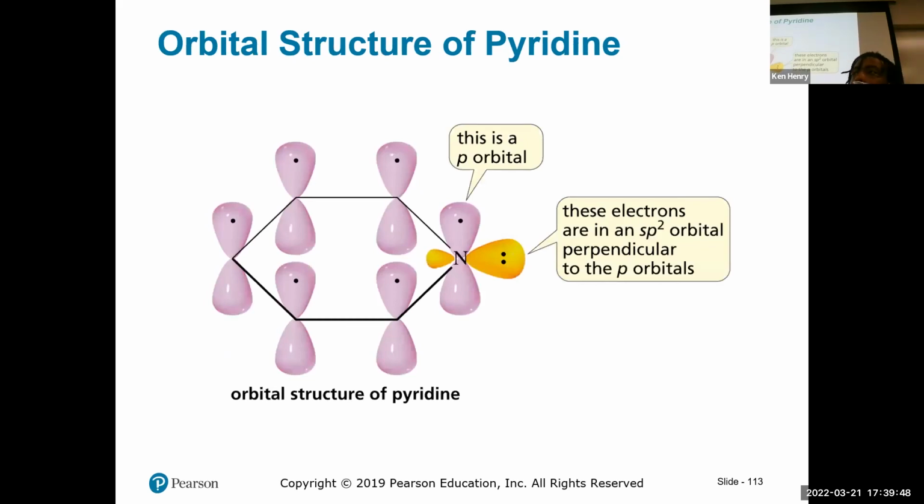So this here is going to be the orbital structure for pyrimidine. These are going to have an equal distribution of electrons, so they're going to be fusing together, right? So you're going to get an equal distribution of the electrons along that ring. And then this one here is going to be able to have a sigma bond interact with it, okay?